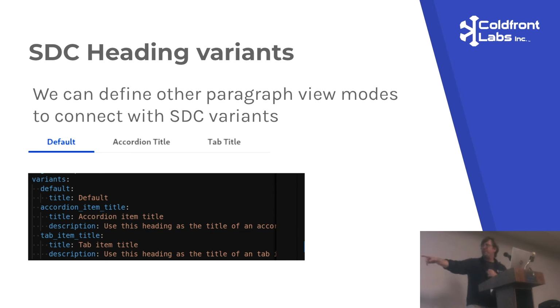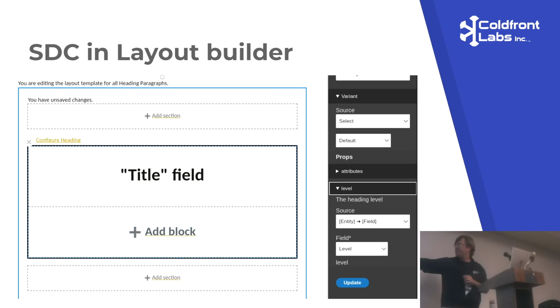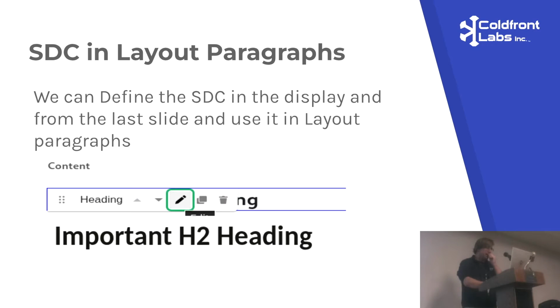When a paragraph is being used by default, it's using the default logic. But when it's in the accordion title or the tab title, all I've done is change the variant that's being selected. I've selected the accordion title or the tab title. So the Layout Builder itself is actually mapping to those other ones, which is important because of what's coming.